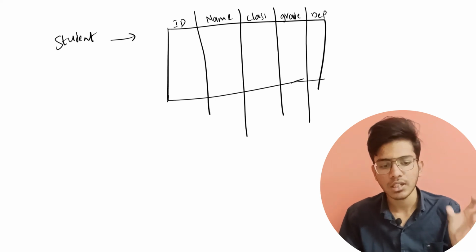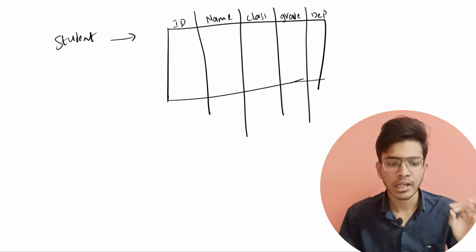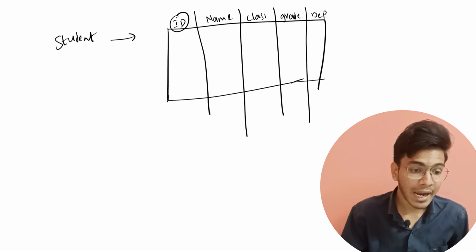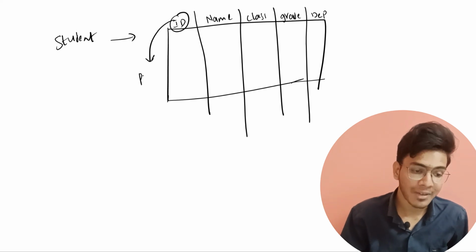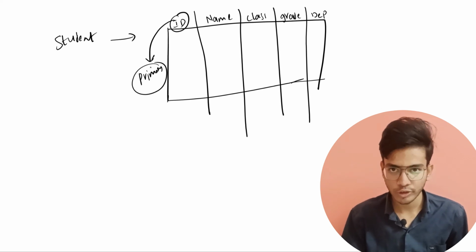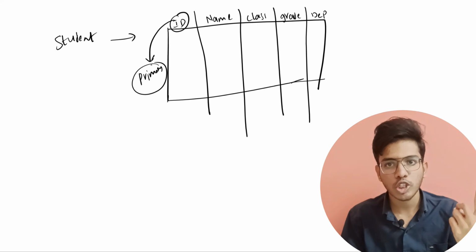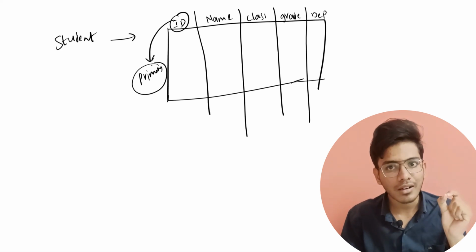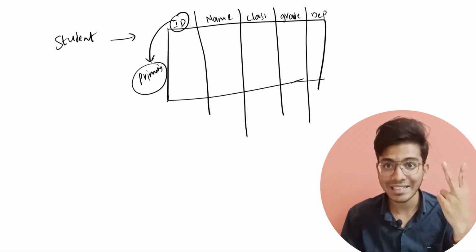So these are the columns in this table, and the ID is going to be our primary key. You might ask, what is a primary key? A primary key is a column in which all the values are unique and not null.